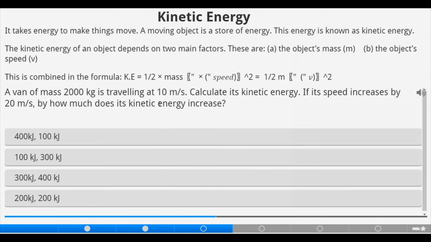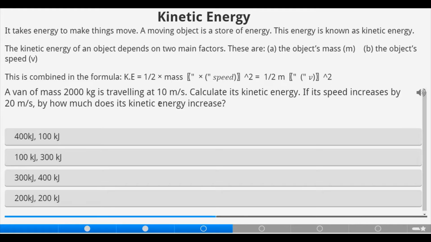Now, we are dealing with kinetic energy. Now, it takes energy to make things move. A moving object is a store of energy. This energy is known as kinetic energy. The kinetic energy of an object depends on two main factors. These are the object's mass, represented with m, and the object's speed, represented with v.